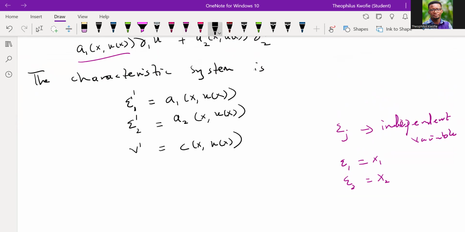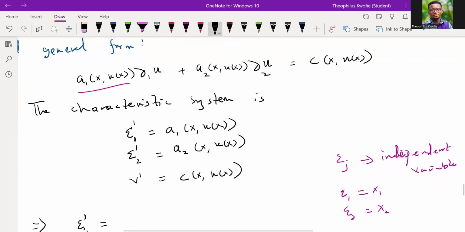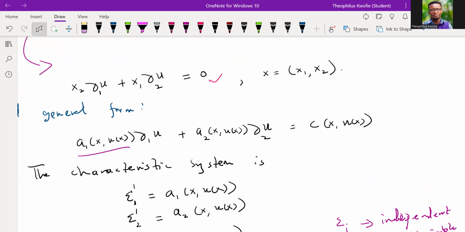Now it just means that my characteristic system, the ODE, will now be the following. Your differential of the Xi1 with respect to x1 will now be equal to what?